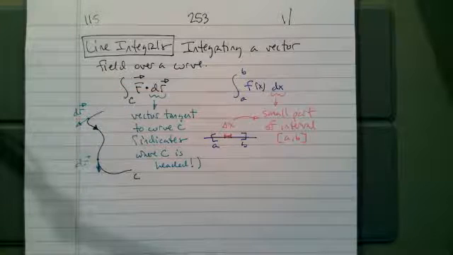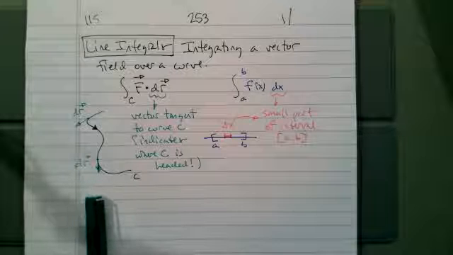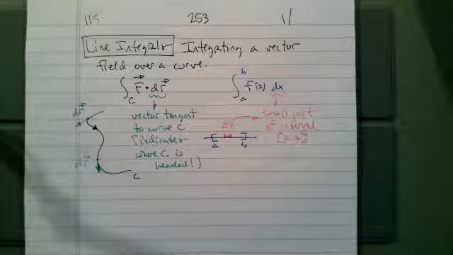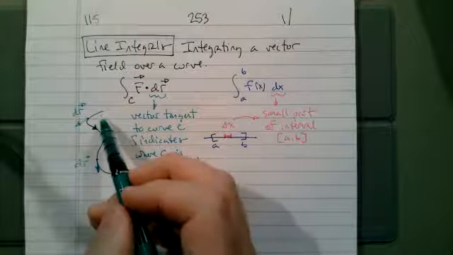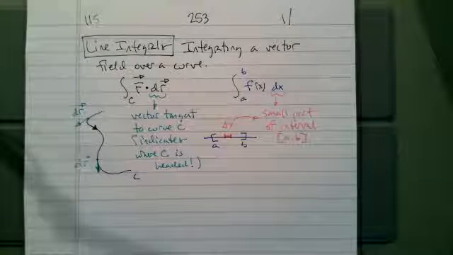At that point on the curve, dr is pointing this way. At this point on the curve, dr is pointing straight down. So we're describing the curve by saying what direction we're headed at any given point. Then we follow that direction, and then there's a new direction telling us which way we're going.